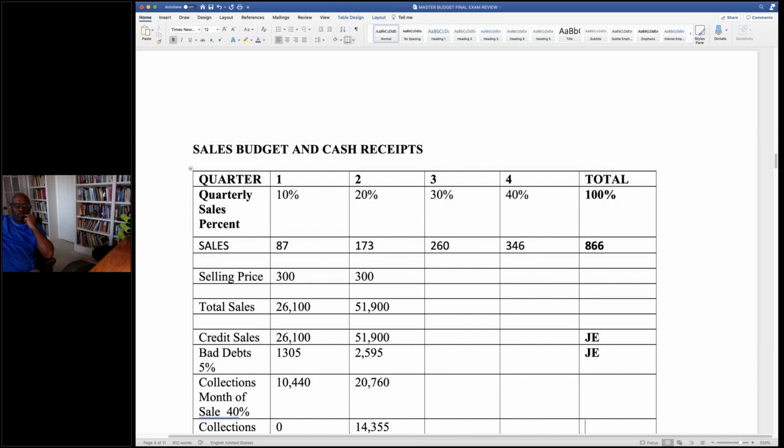All right, so how to get 260? It was 30% of 866. Okay, let's go on. The selling price is still 300. The total sales is 80,700.